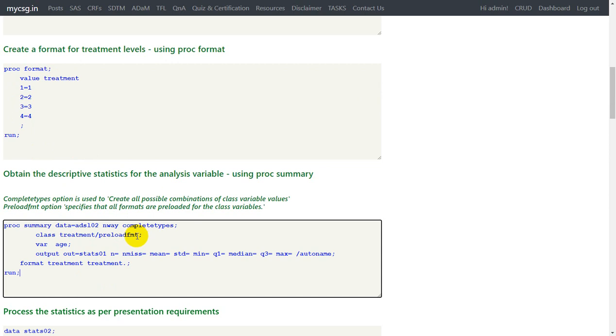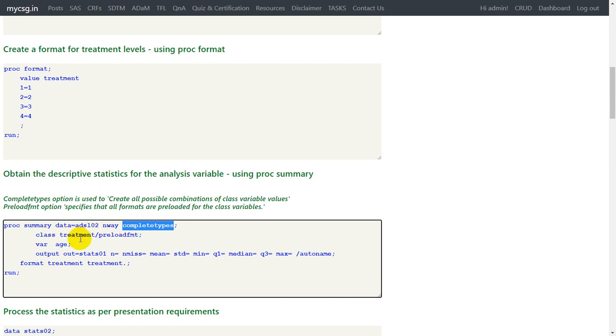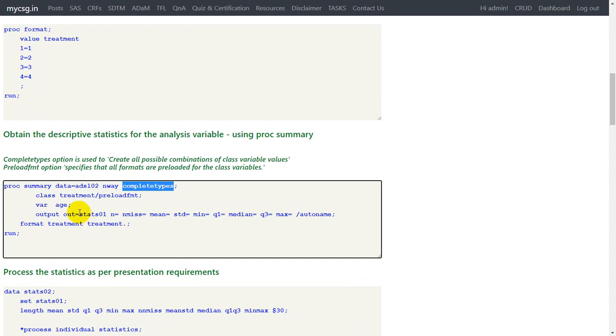So instead of giving a summary for only those levels which are present in the data, we are forcing proc summary to give a summary for each of the levels present in the format. And then we are using COMPLETETYPES, which again goes with this format and all the classification variables specified in the formatted treatment variable. So we'll get a data set named stat01 out of this proc summary.